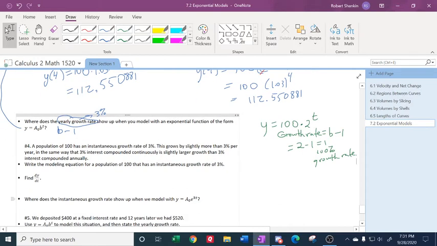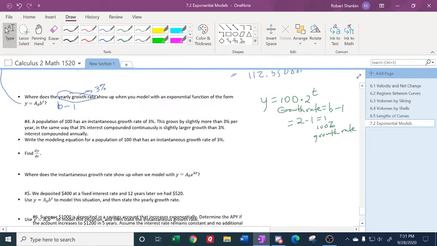Now, let's go to number 4. The population of 100 has an instantaneous, now notice this key new word here, not yearly growth rate, but instantaneous growth rate of 3%. This grows by slightly more than 3% per year in the same way that 3% interest compounded continuously is slightly larger growth than 3% interest compounded annually.